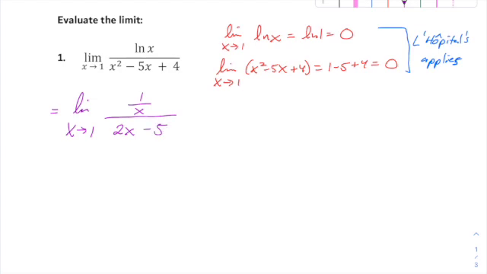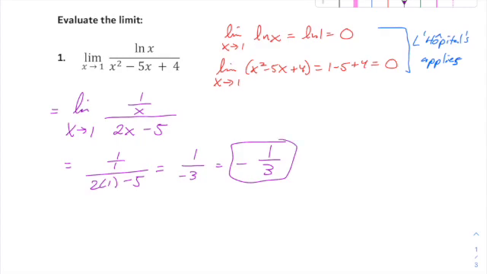And now, try to evaluate that limit. What's our first move? Direct substitution. Directly substituting 1 in for x isn't going to yield any sort of undefined 0 over 0 indeterminate quantities. That's going to be 1 over negative 3, or negative 1/3. And there we go. Very cool, right?